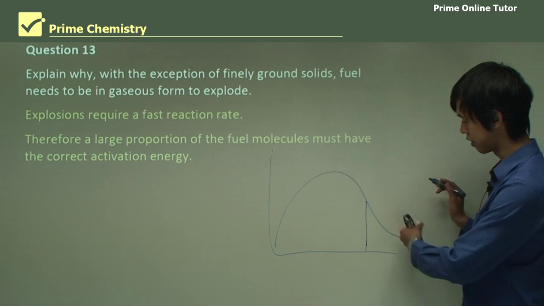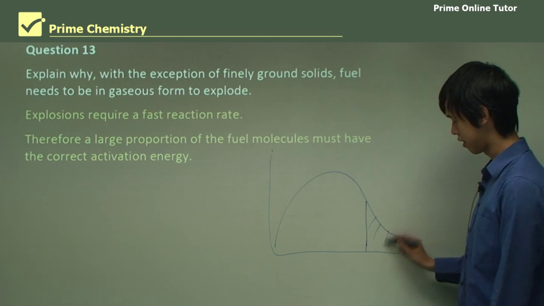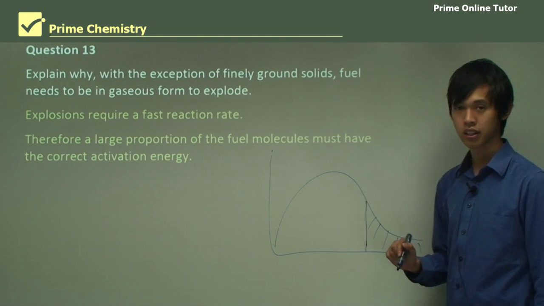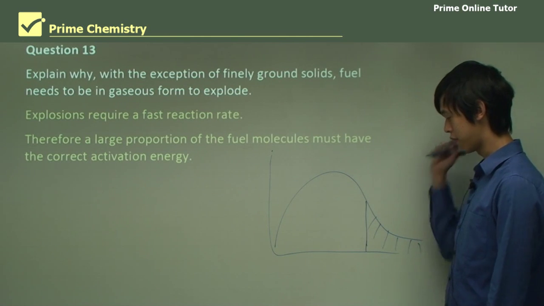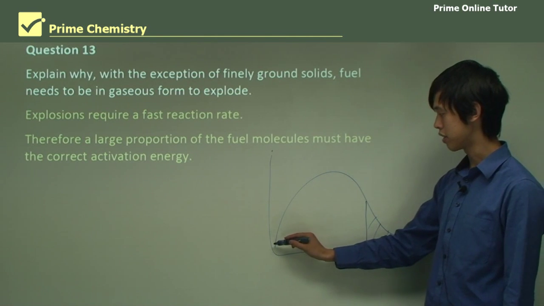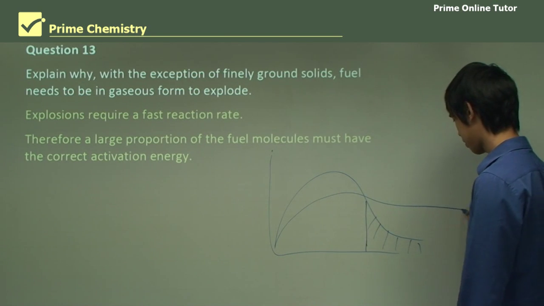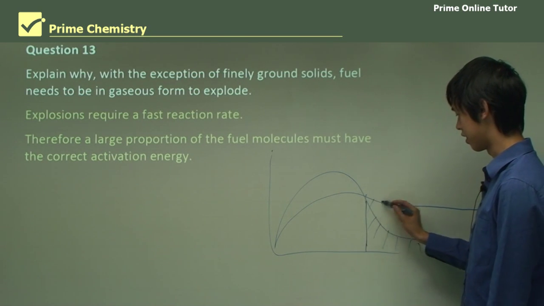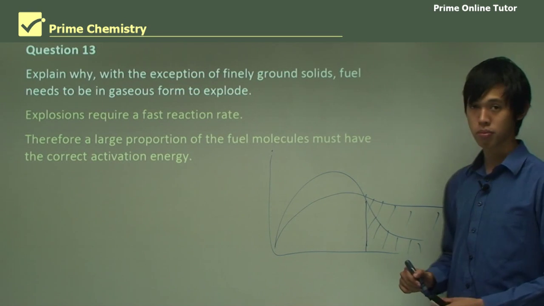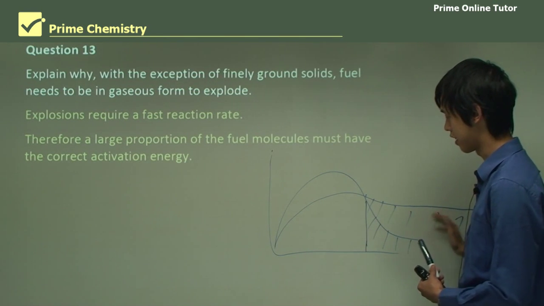So very few particles actually have the correct energy. Whereas if we increase the temperature or the mobility, it sort of looks like this now. So a lot more particles have the correct energy, right?